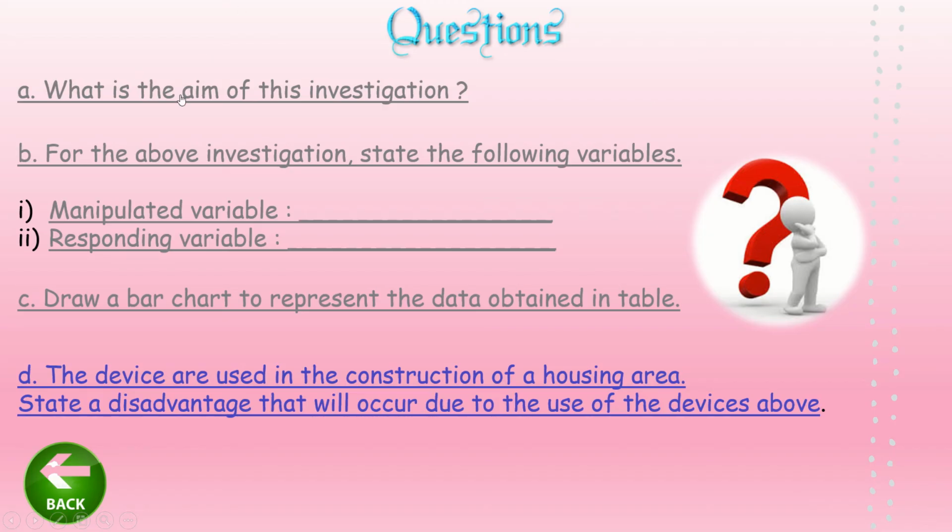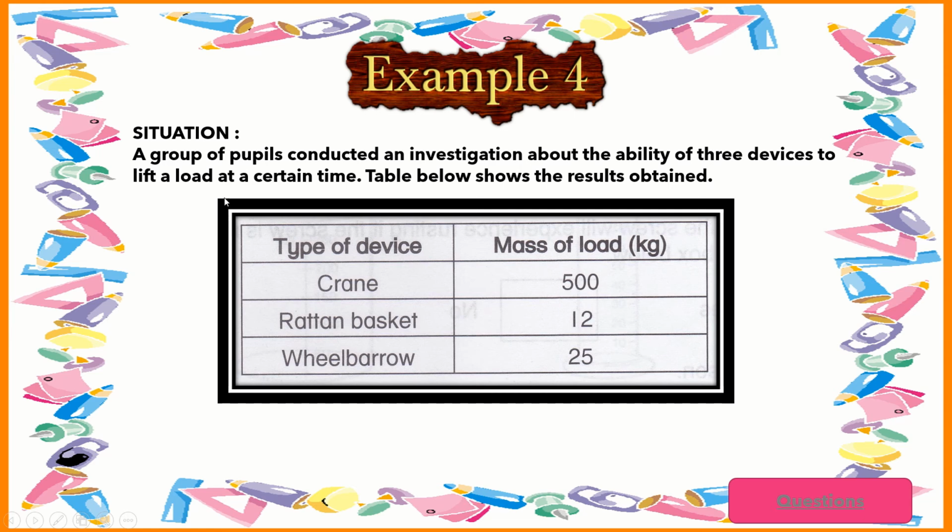Question A. What is the aim of this investigation? Before writing the answer, make sure the students know what the manipulated variable and the responding variable are. If the question is based on a table, a student must know that the manipulated variable is on the left hand side and the responding variable is on the right hand side.